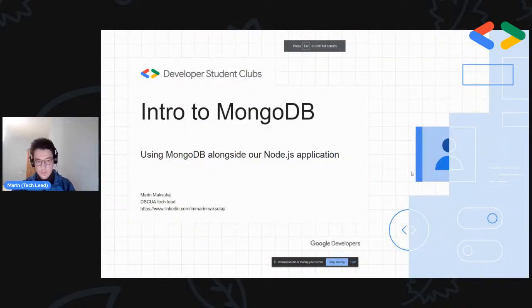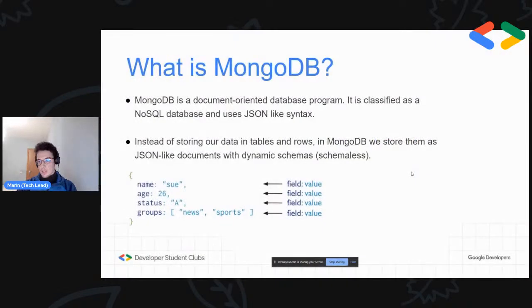So first of all, what exactly is MongoDB? MongoDB is a document-oriented database program, classified as a NoSQL database, and it uses a JSON-like syntax. More traditional SQL databases use rows and columns, whereas MongoDB uses something called JSON, which is also used in JavaScript.